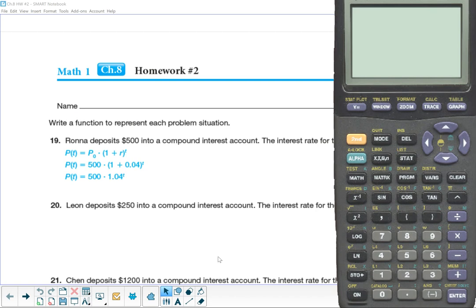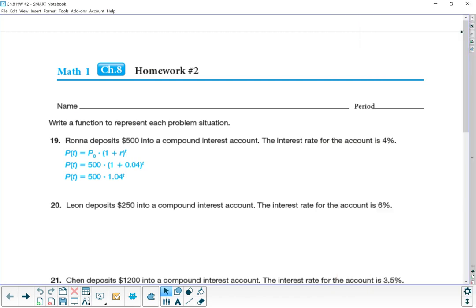If you need help with number 19, the original deposit is 500, so you put it in place of P naught. Then you put 1 plus the rate. The rate is 4%. Keep in mind that as a percent, you need to change that to a decimal.